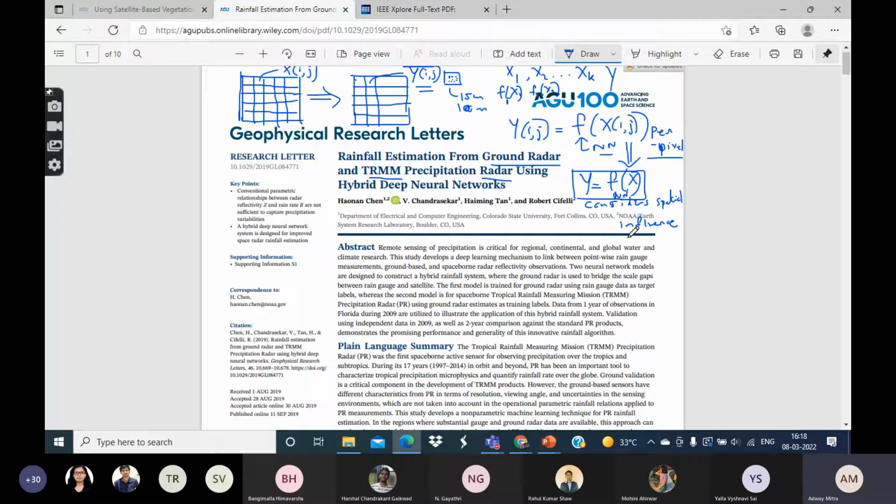It's a satellite-based, spaceborne project with which they try to measure the precipitation on the earth. So we have two different sources of information.